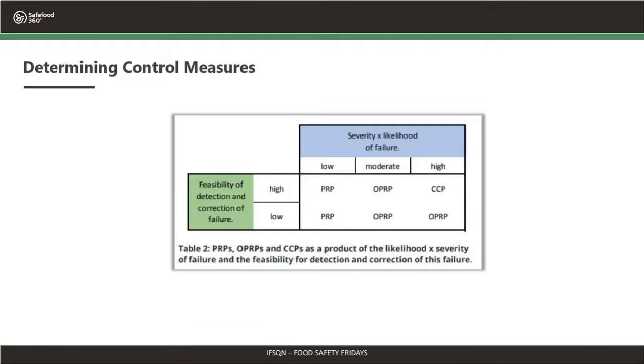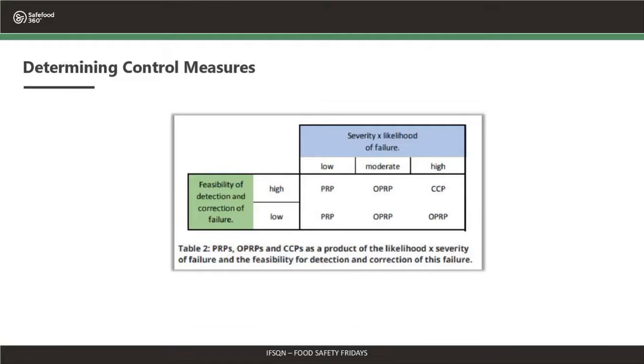So assessing the probability times severity of failure in ISO is fundamental to understanding OPRPs. A control measure that is administered as an OPRP controls a significant hazard, but failure of an OPRP doesn't necessarily lead to an unsafe product.